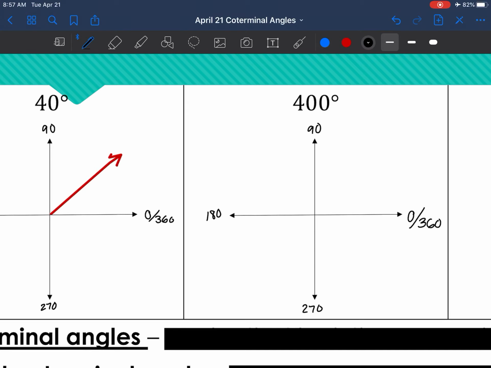So you'll start here on the initial side, but then you'll go all the way around, and then you'll end up right about here, because 400 degrees is 40 past 360. So a 40-degree angle looks kind of like this.